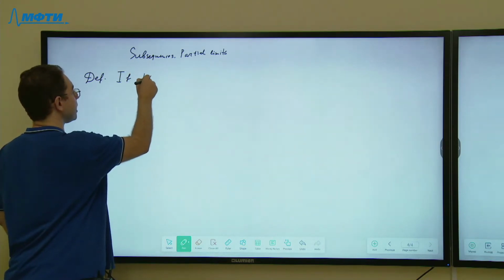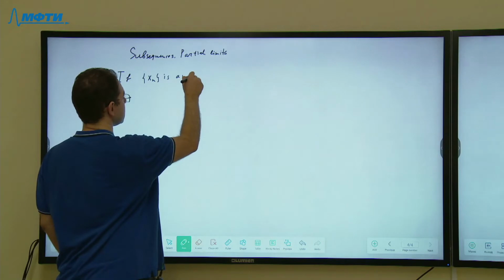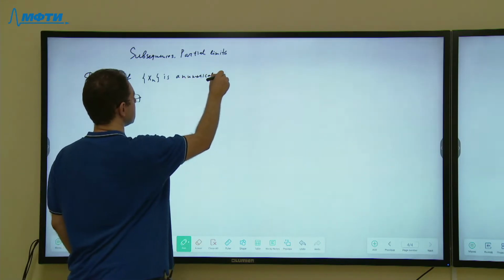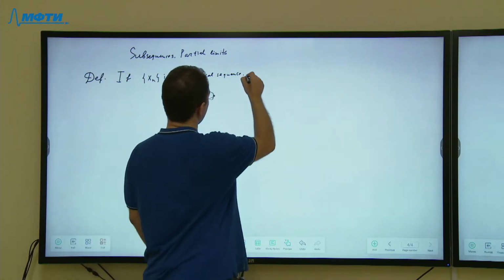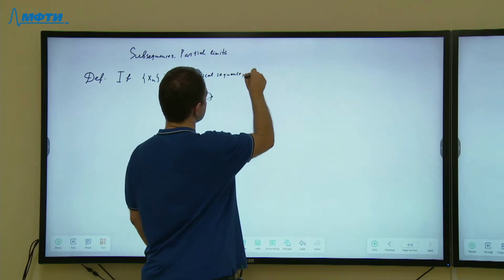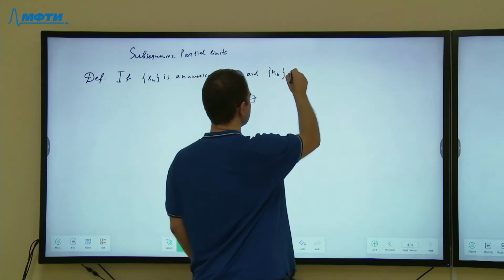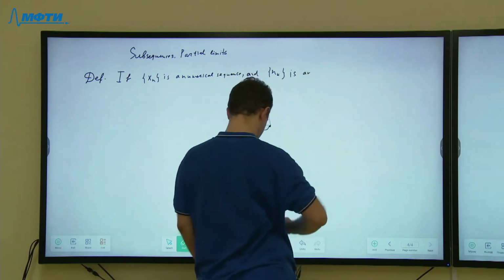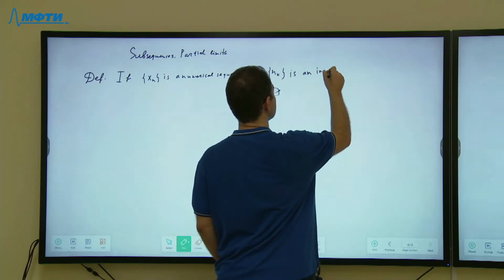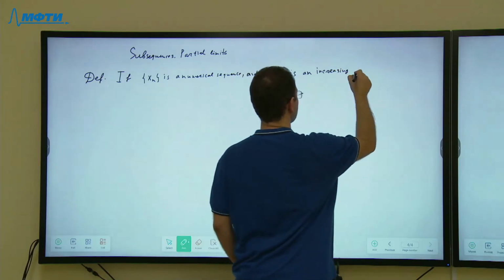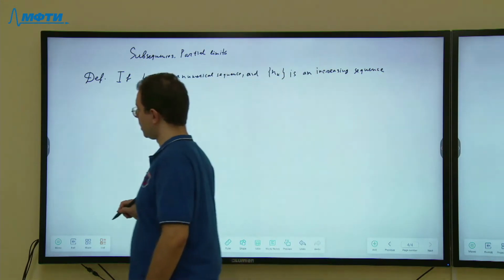If x_n is a numerical sequence, and n_k is an increasing sequence of natural numbers.